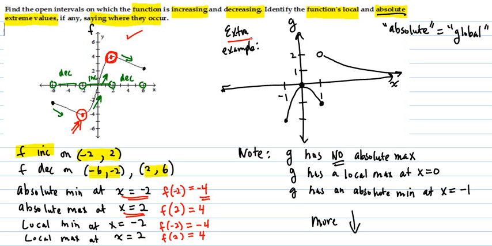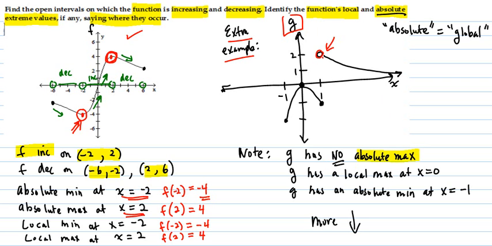Over here we have some more examples that I made up. Here's a function g. It has no absolute max, and yet you're looking at this point here and you say, well, it maxes out at 2.